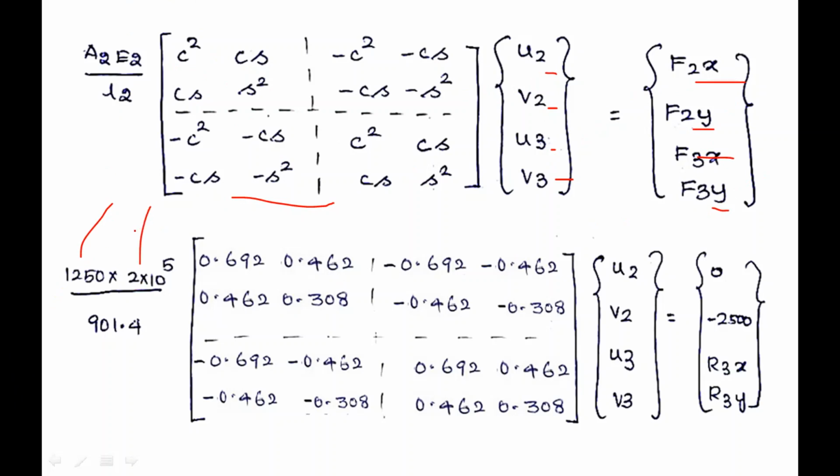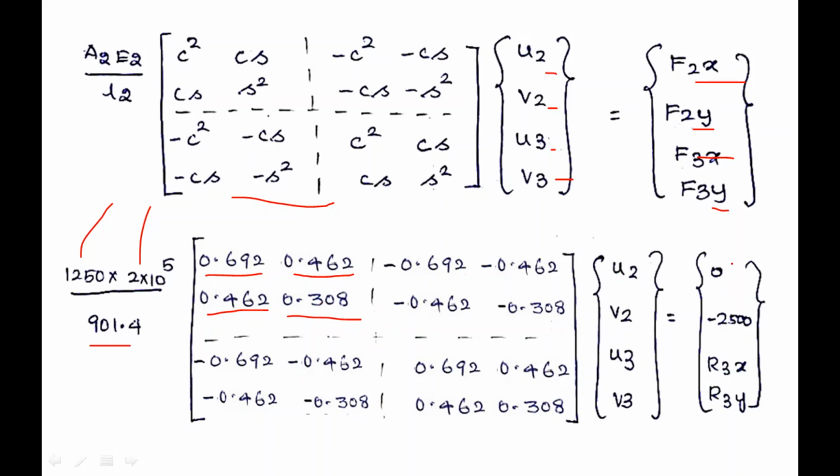Young's modulus E2 is 2 into 10 power 5 Newton per mm square. Then the length is 901.4 mm. So here we substitute C square 0.692, CS value 0.462, and here 0.462 and 0.308. These terms will be repeated to form the 4 by 4 matrix.